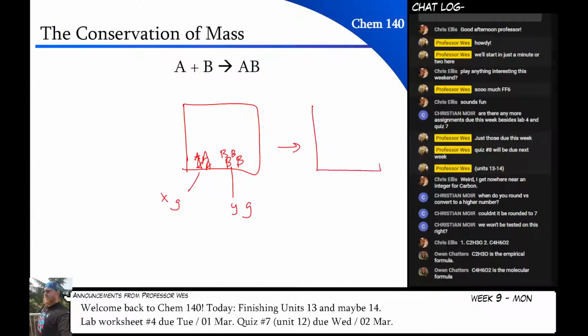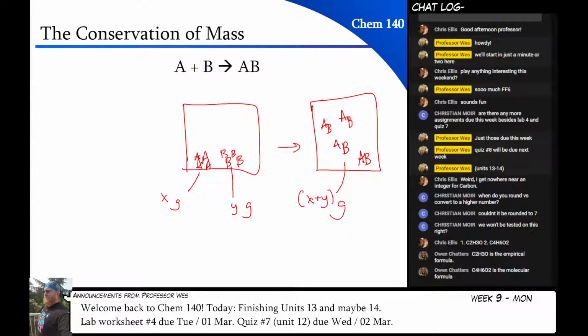When the reaction is done, I'm going to have a product. What would the mass of this be? Well, it'll just be the sum of the two, right? Because it was sealed until I broke it open.